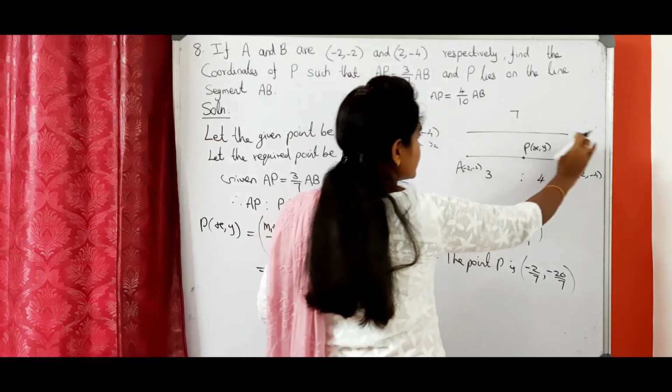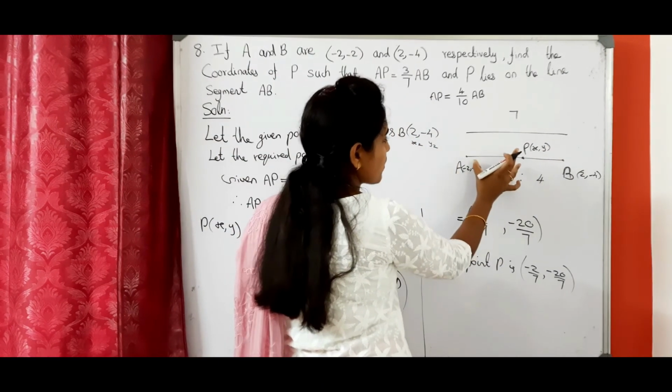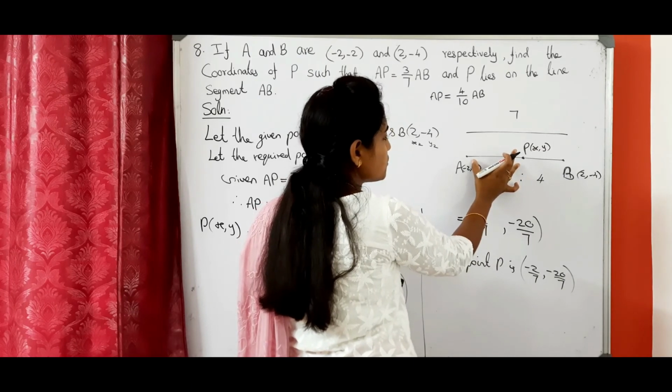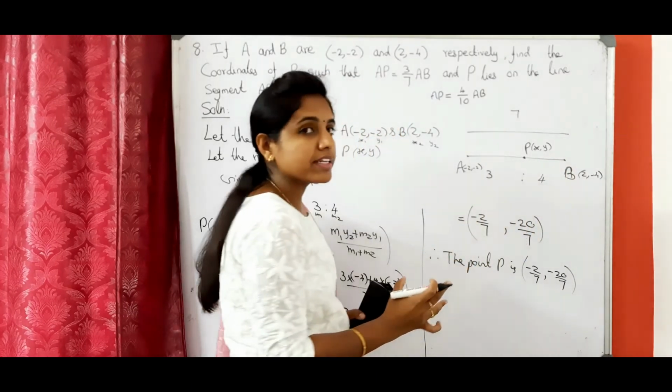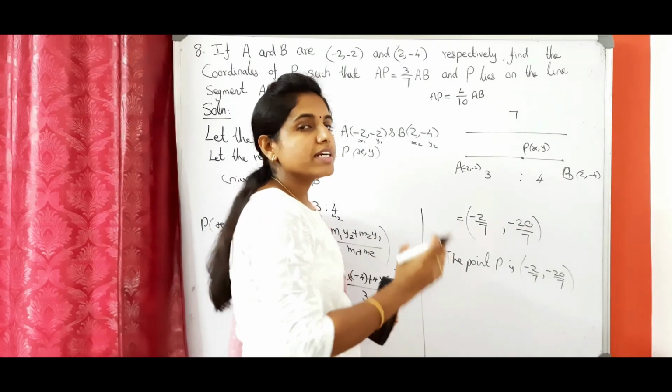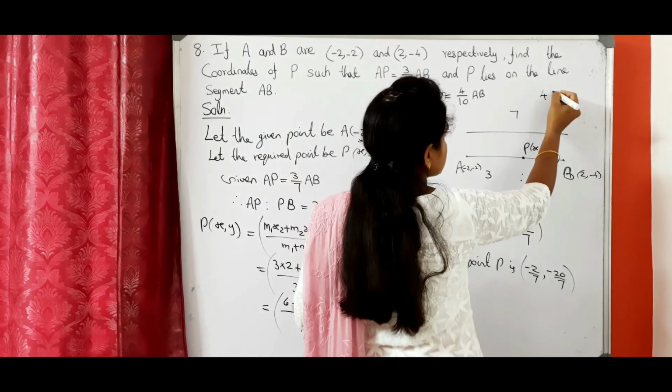The whole distance is 10 and AP is 4. The remaining is 10 minus 4, which is 6. Therefore the ratio is 4:6.